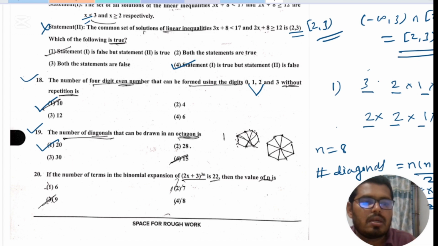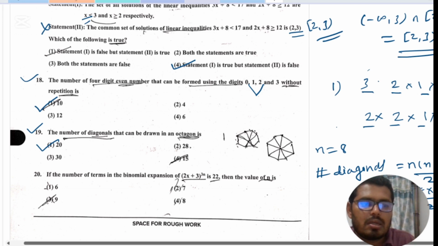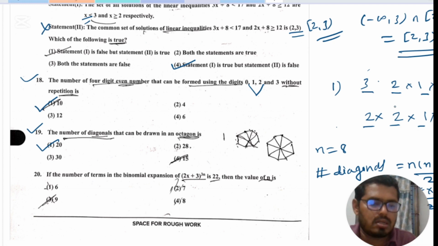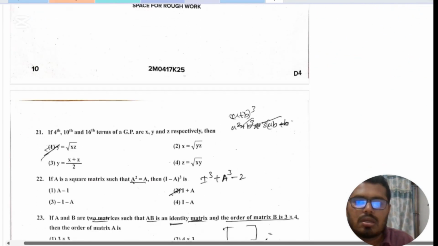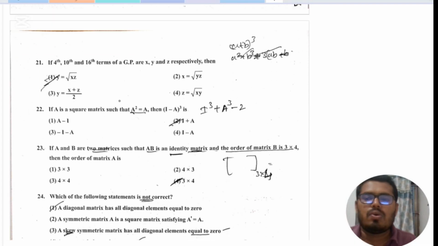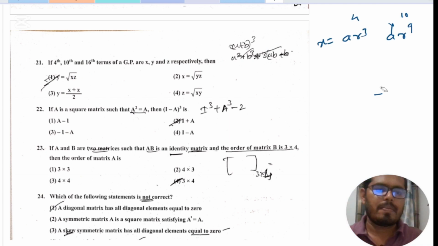Okay, next, question number 21. The 4th, 10th and 16th terms of a GP are x, y, z respectively. Then what is the condition? Okay, in a GP, the fourth term is a r cubed and the 16th term is a r to the 15.